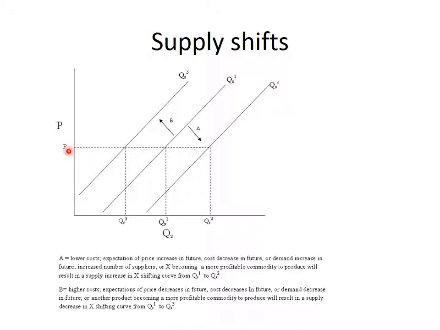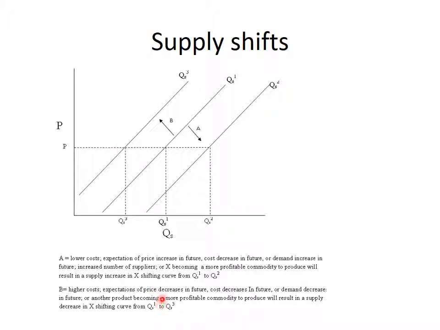If we hold price constant here, we have a supply of QS1, our original supply. If we increase supply, and we'll go through how we increase supply in just a minute, we'll go through all the things that shift that curve, you see that for the same price, you're going to have more supplied. If we decrease supply, you see that for the same price, you're going to have less supplied.